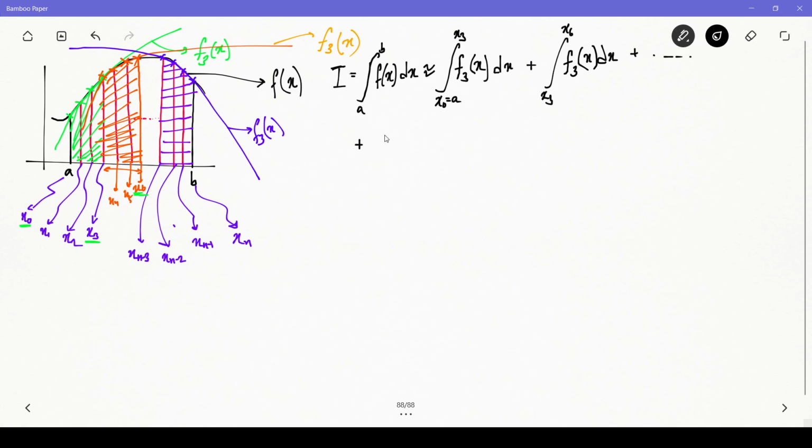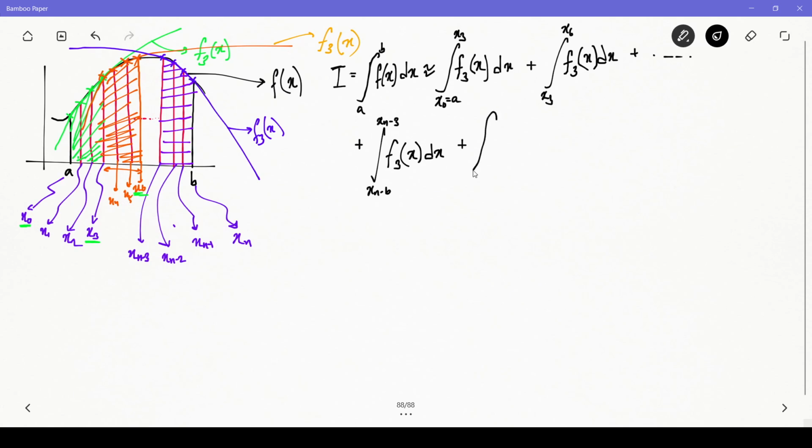Fine. So let's write that down. From x sub n minus 6 up to x sub n minus 3, these are our limits. We'll try to find the integral of the third order polynomial that passes through each of these coordinates that I have marked with purple color.